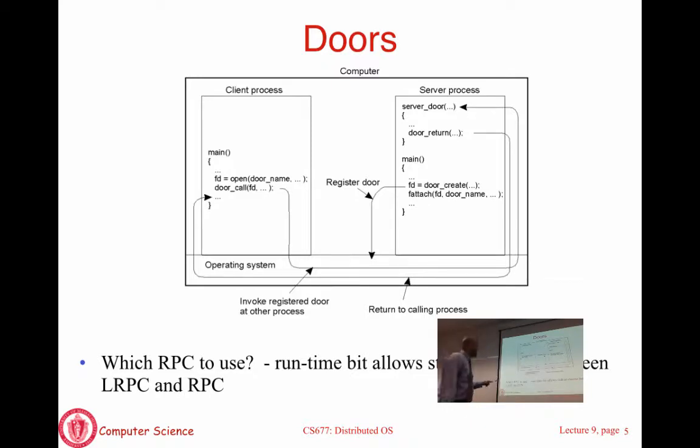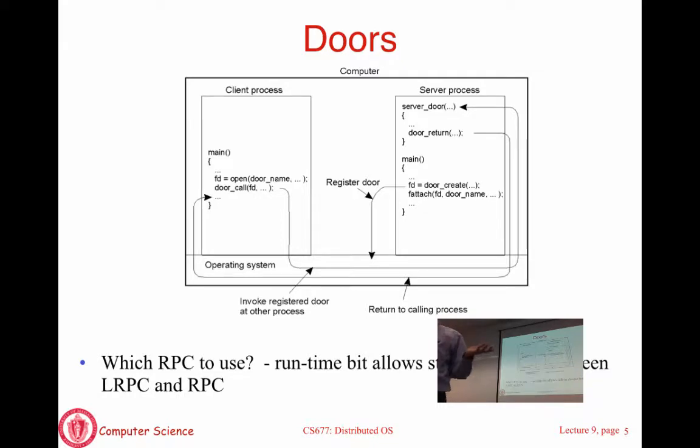Now the nice thing is there are some RPC systems that will allow you to decide whether you are using regular RPC or lightweight RPC at runtime. You don't have to change the code. The code is the same. At runtime, you just have a configuration bit that tells the RPC runtime system, client and the server run on the same machine, don't use message passing, use shared memory.